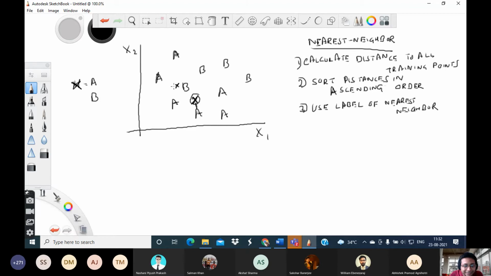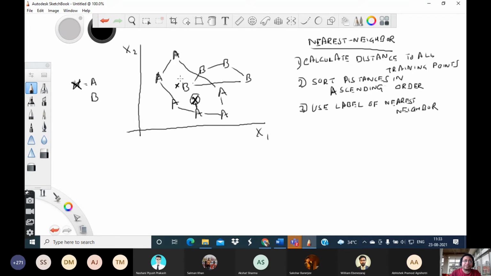If we consider all the A's together and build something like a convex hull, say something like this, and similarly using the points of B, we build another convex hull like this.